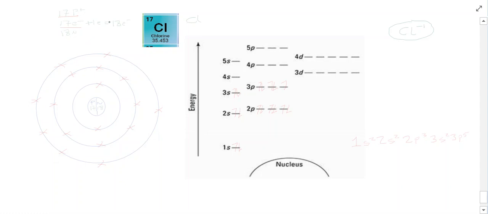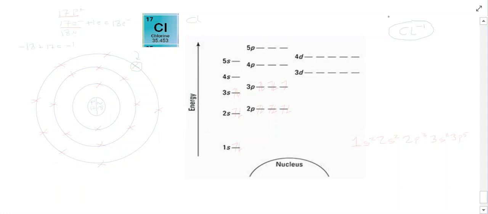So if we were to write this in, we would put an X in here. This is an extra electron. As a result, now you have 18 negative charges, and then you have plus 17 positive charges. So that's going to be equal to -1, and that's what gives chlorine this extra charge.